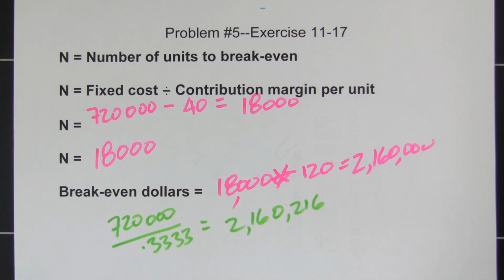Contribution margin ratio is a fast, easy way to come up with the break-even point in dollars, and it will always give you a number that is a close enough approximation that you're good to go.